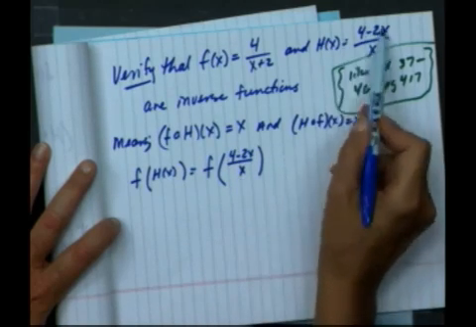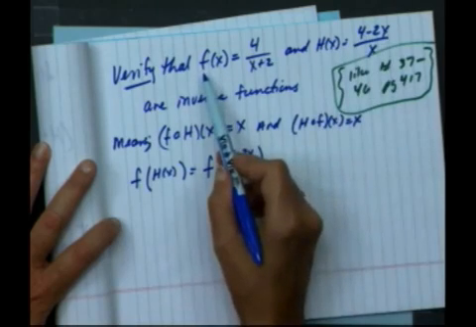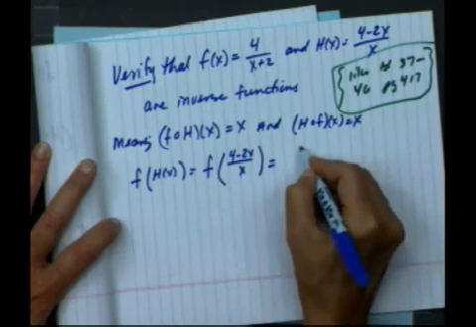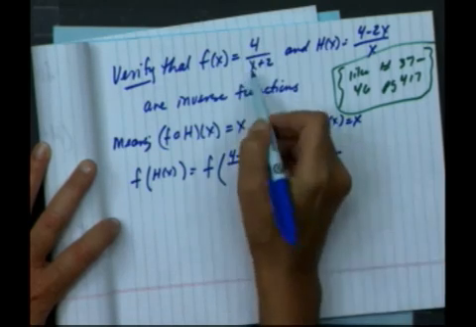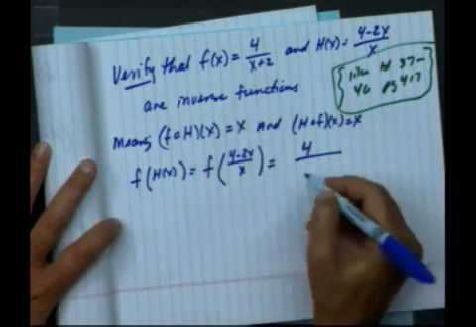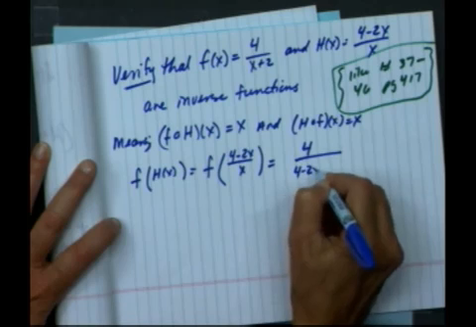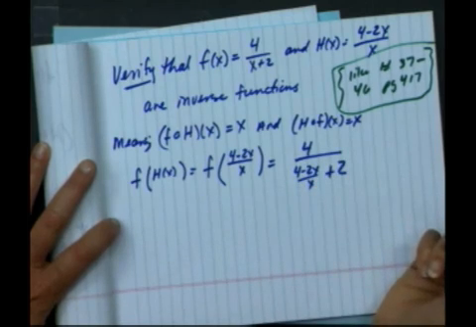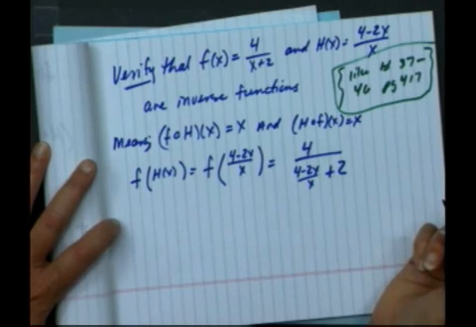That's what h of x is. Now I'm going to evaluate f at this number. So that would be 4 over, and where I have an x in f, I'm going to put 4 minus 2x over x, plus 2. Is that good?